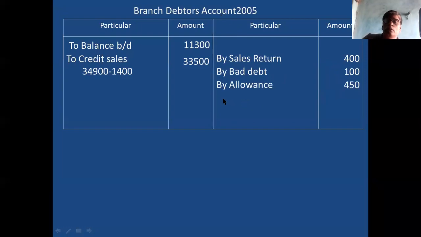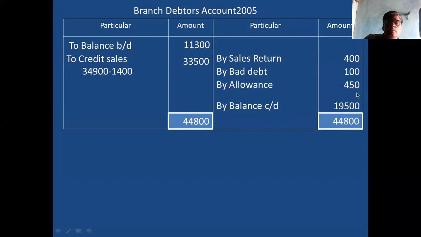Okay. Then you write the closing balance. Closing balance is 19,500. You write the given items. Then close the account. Total is 44,800. Then the difference comes on the credit side.